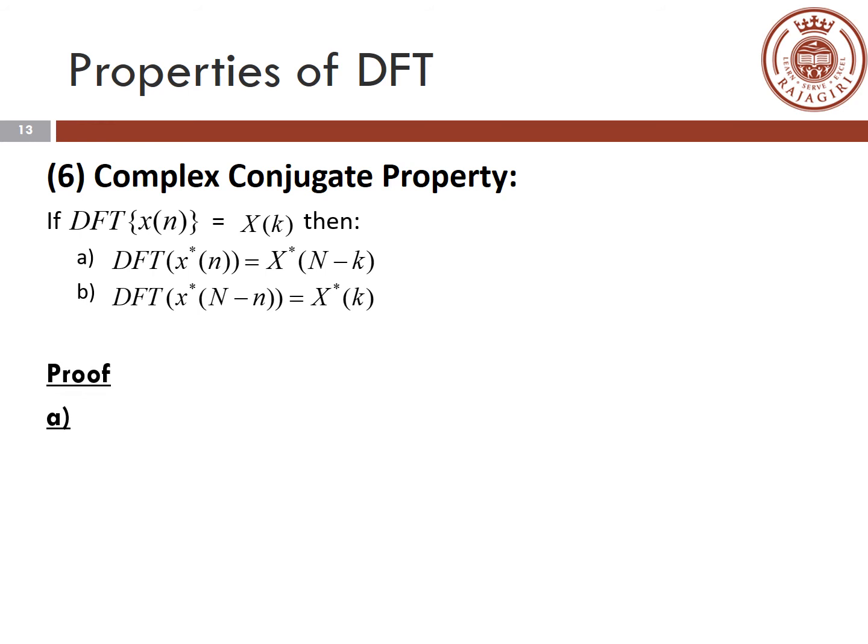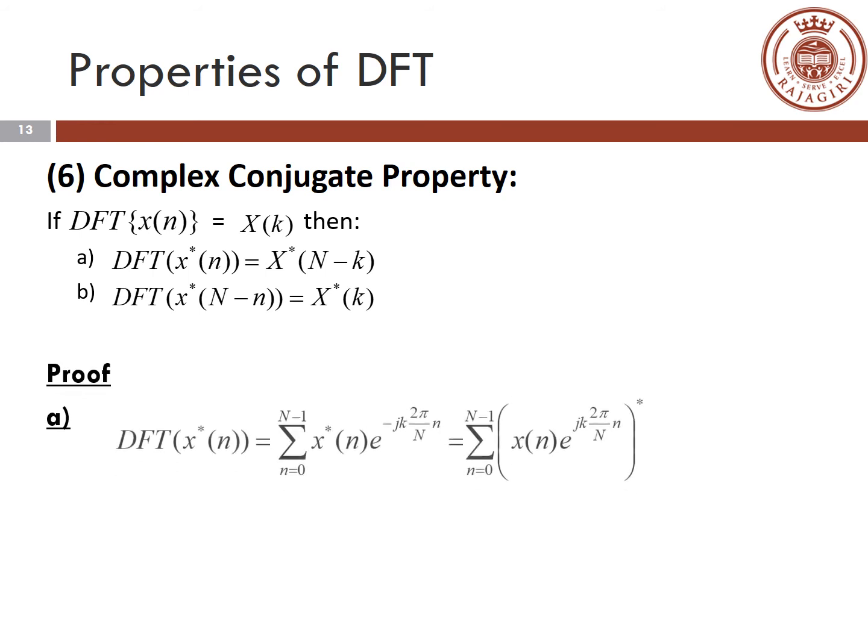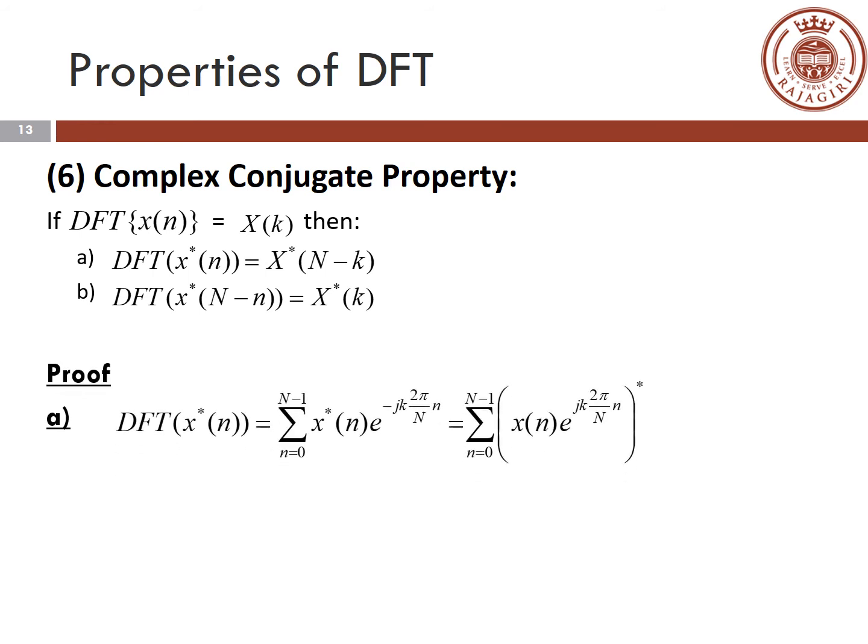Now, the proof is simple. Let's prove the first part. We start off with the LHS. The DFT of x complex conjugate n is equal to the basic equation where the subject is replaced by x conjugate n. Now, taking the conjugate outside, it can be written as x of n e raised to j k 2 pi by N into n, and we know how it's written because e raised to theta conjugate is e raised to minus theta.